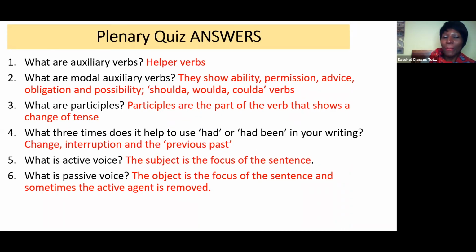Participles are the part of the verb that shows a change using ed and ing. What 3 times does it help to use had or had been? To show change, to show interruption, and to show a previous past. What is the active voice? A subject is the focus of the verb, and what is the passive? The object is the focus. Sometimes the agent is removed. This makes it seem more helpless, or makes it sound more formal.